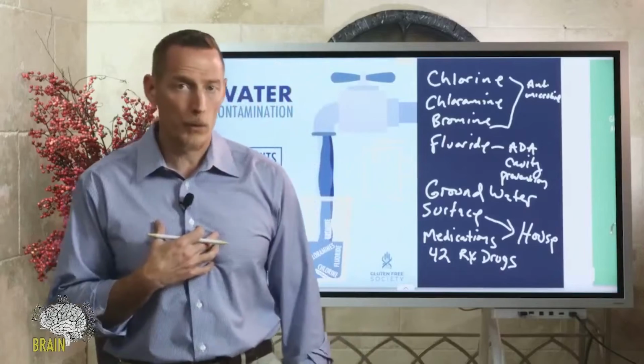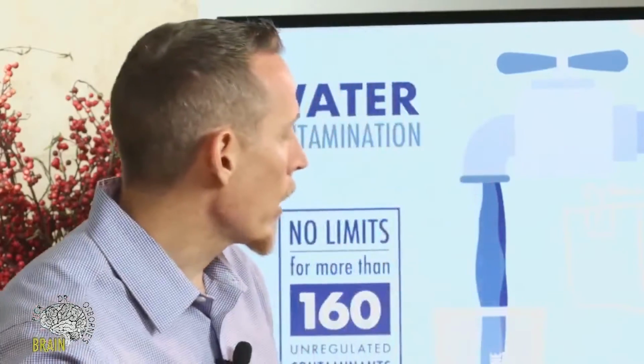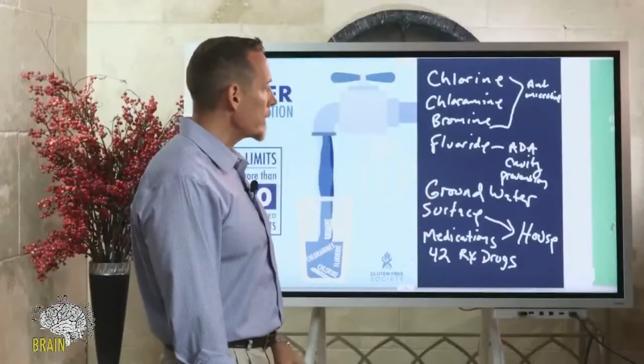And so you want to filter it. It's very, very important that you filter your water, especially if you don't have a well, like an underground well. Now some wells are deep in the ground, and so again, the deeper they are, the more earth there is to filter that water as it seeps into that water table. But even if you have a well, you should check your water. You should run a test on your own water for contamination.